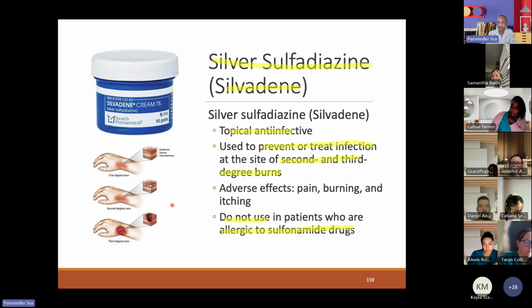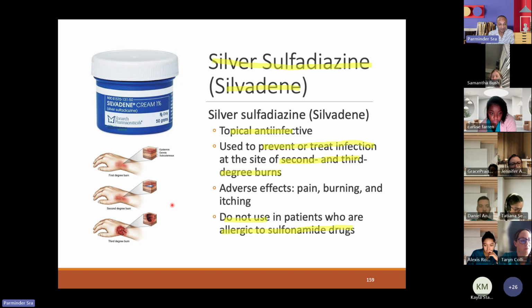Okay, now if we read the name again, silver, what does it say after that? Sulfadiazine, right? So sulfa, it tells you that it's a sulfa drug.